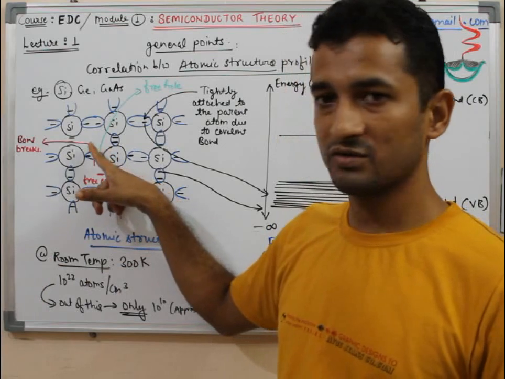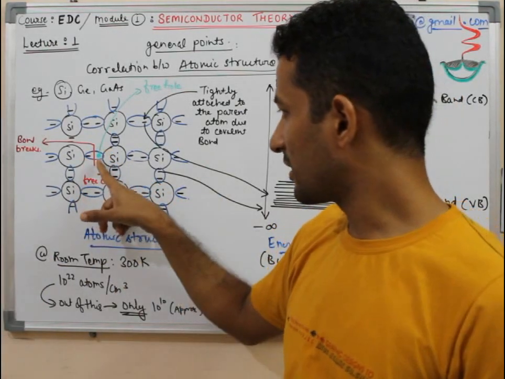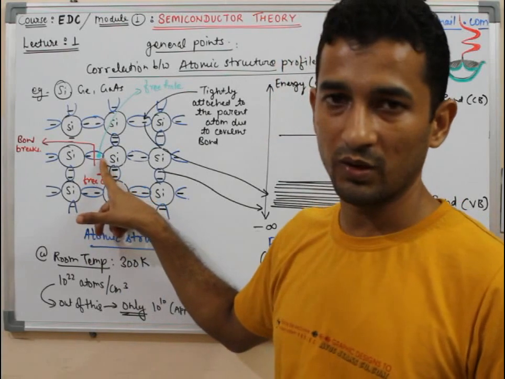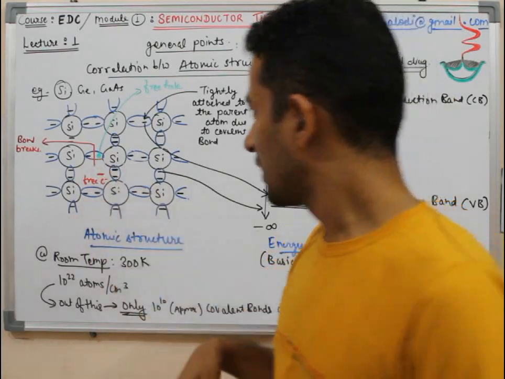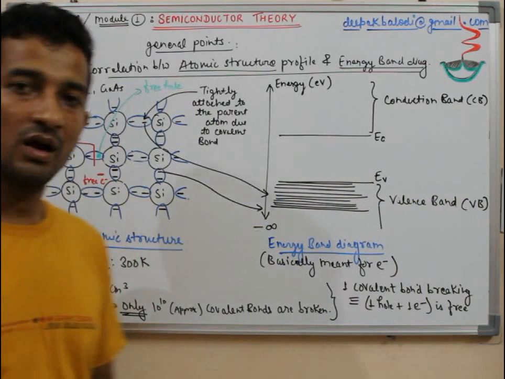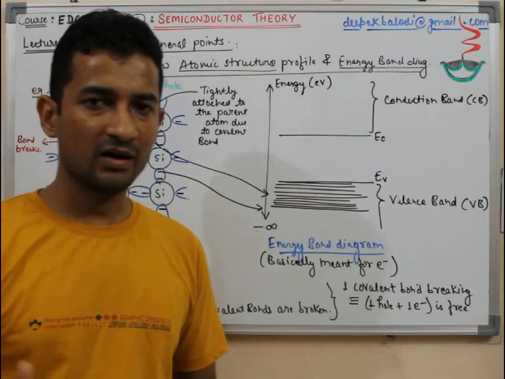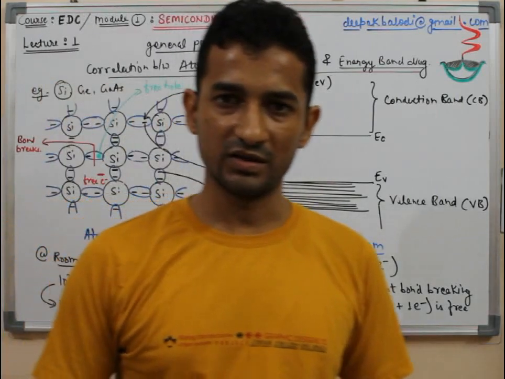There is no longer a covalent bond between two electrons. Now there is a sharing between one electron and one hole. Any particle in this world is trying to minimize its energy.